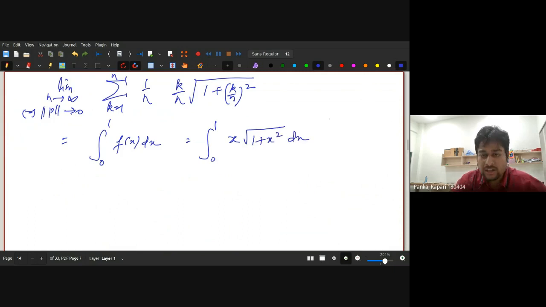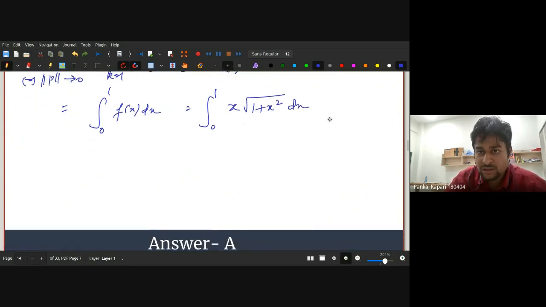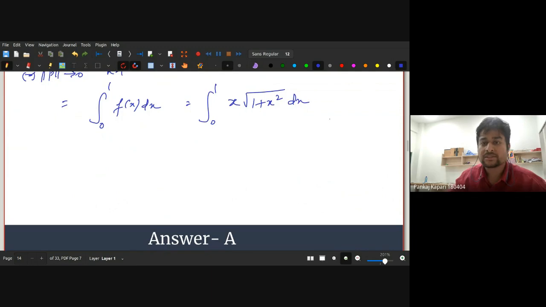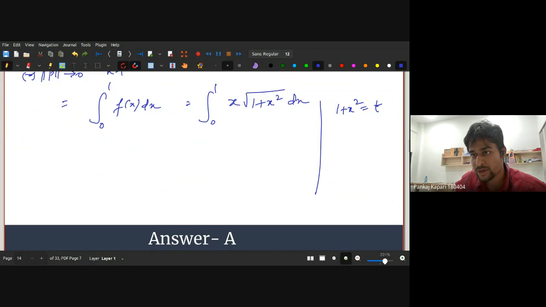Okay, so again, to evaluate this integral, we will change our variable, right? Because we want to integrate this, and we don't know a function whose derivative is this integrand. So we'll use the standard rule of substitution. On the side note, let's write 1 plus x squared to be some new variable t, and then if you differentiate, 2x dx must be dt, right?